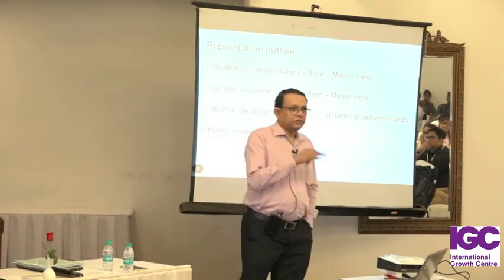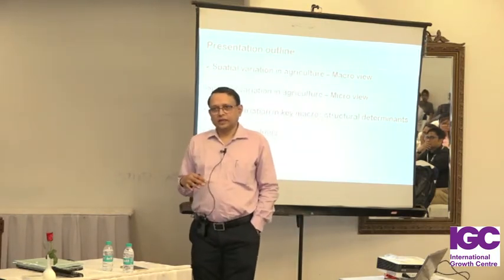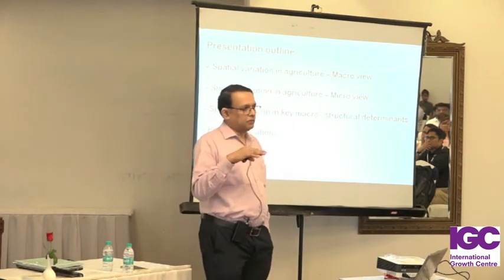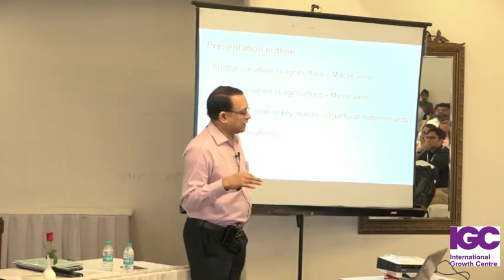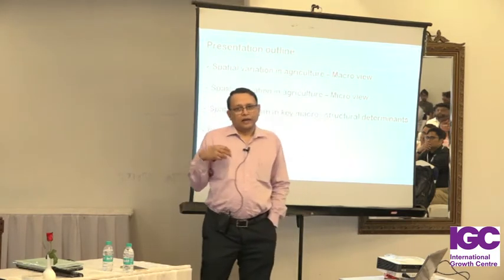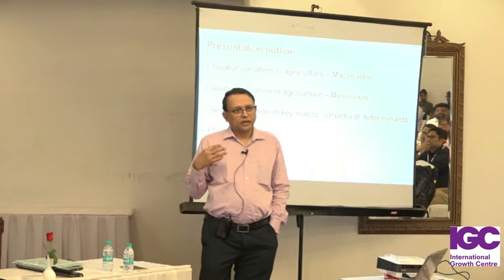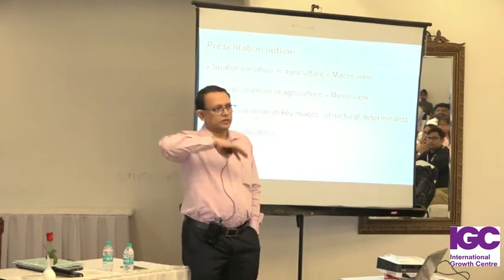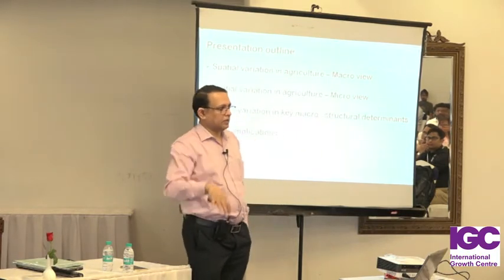What this paper does is that it looks at the spatial dimension of Indian agriculture, the spatial variation in agriculture. This is an issue one can look at two different levels, at the macro level and at the micro level.